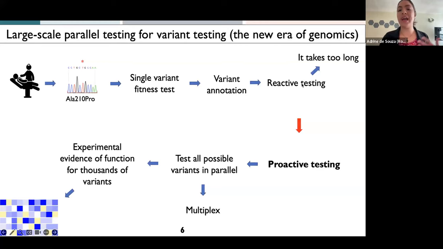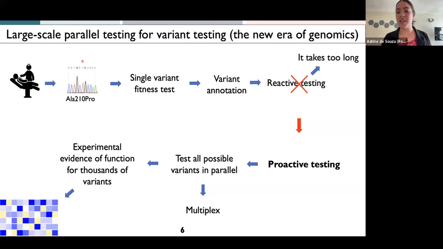But we call this reactive testing, because if we wait for that variant to be detected to test it, you can imagine that we won't have enough time for preventive measures, considering we have almost 1 million VUSs. So this can take a long time, and patients might lose the window of something they can do to decrease symptoms or prolong life expectancy.